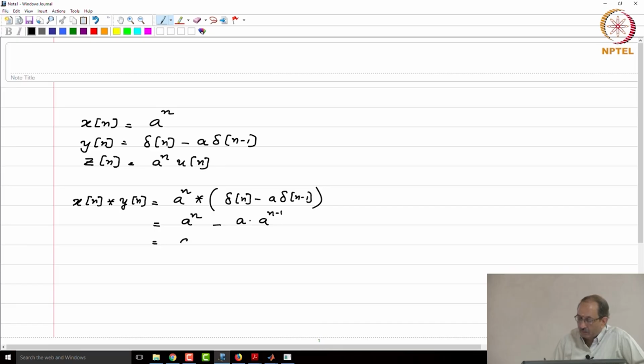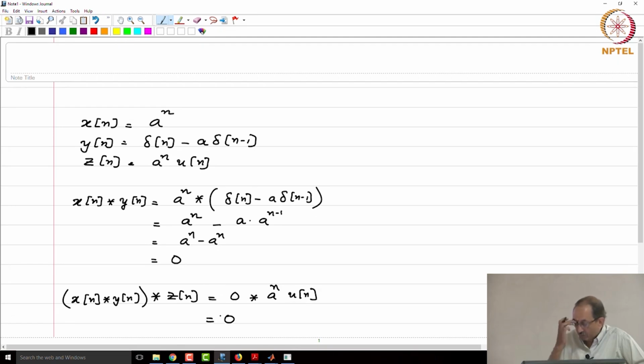So this is indeed a power n minus a power n, and the answer is 0. Now we want to convolve this with z of n. So this is indeed 0, the result of the first convolution, convolved with a power n u of n, and this of course is 0.